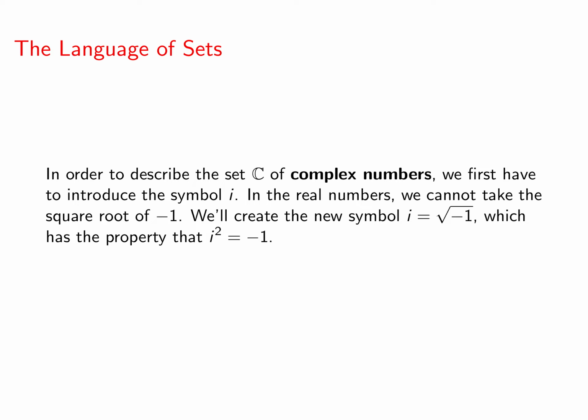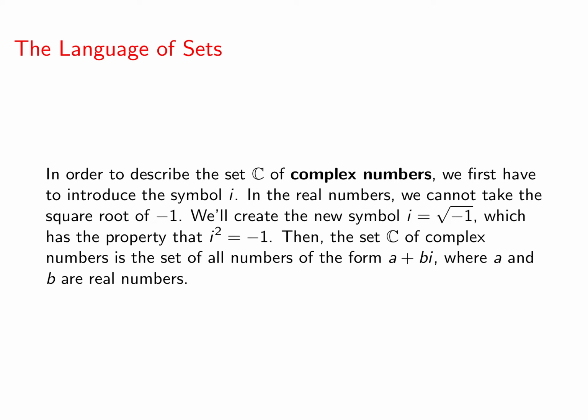So this symbol i has the property that if you square it, you get -1. Then we can say that the set of complex numbers is the set of all numbers of the form a plus bi, where a and b are real numbers. I think the symbol C is also a standard symbol in mathematics.